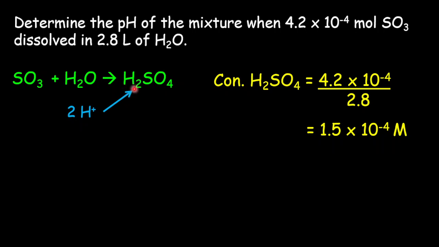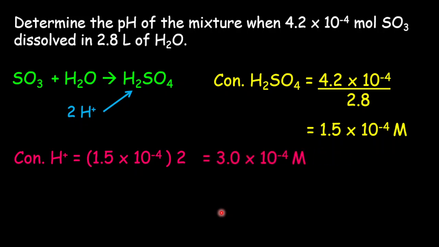Since this is H2SO4, we should get 2 H+ ions. So the concentration of H+ ion will be 1.5 times 10 to the minus 4 multiplied by 2, because it produces twice that concentration based on the formula of sulfuric acid. Once you have that concentration, which is equal to 3.0 times 10 to the minus 4 molarity, we can go ahead and find our pH.